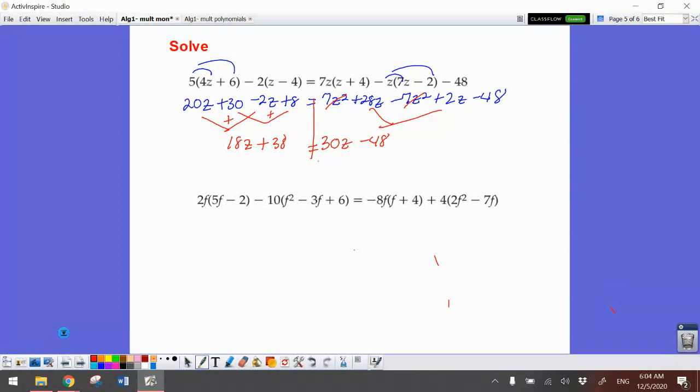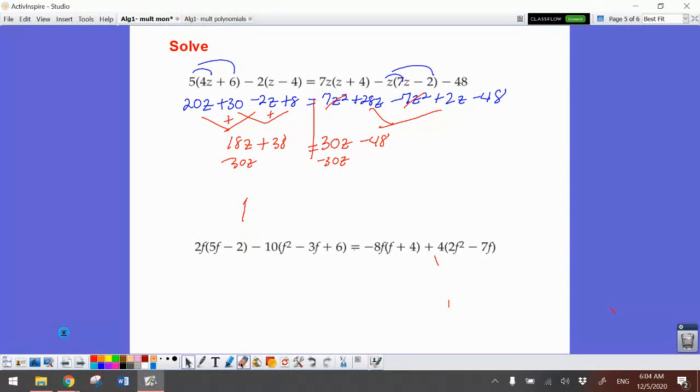Okay, so starting to solve, I'm going to subtract my 30z. Get my computer to catch up with my thinking here. Move this down a little bit so I have a little bit more room. Okay, so negative 12z plus 38 equals negative 48.